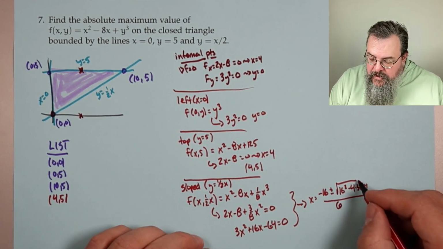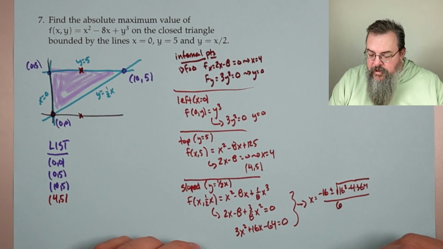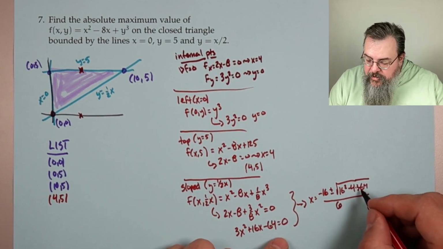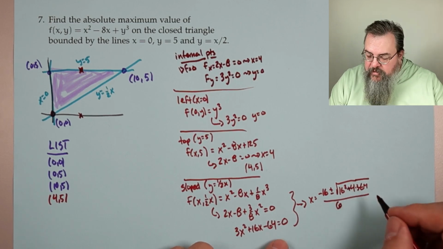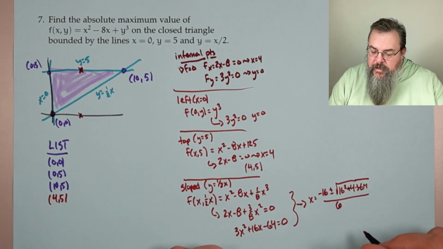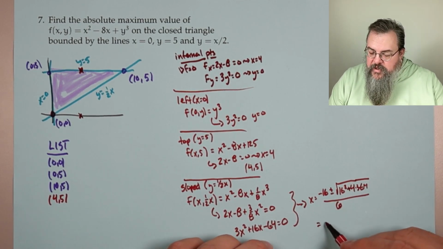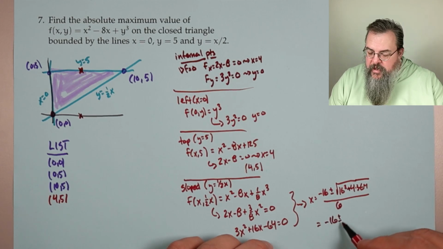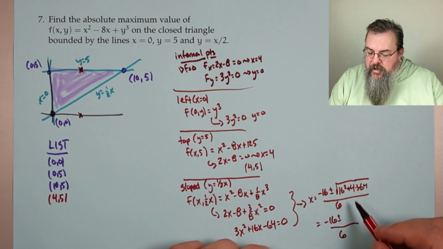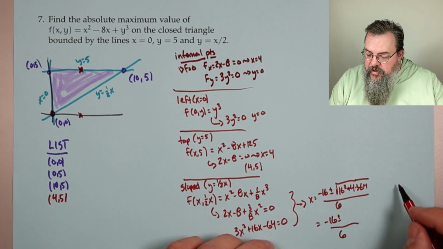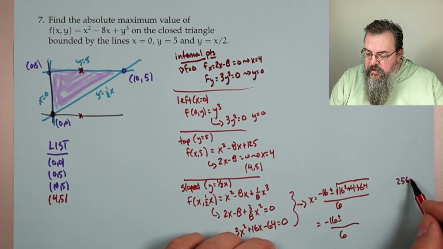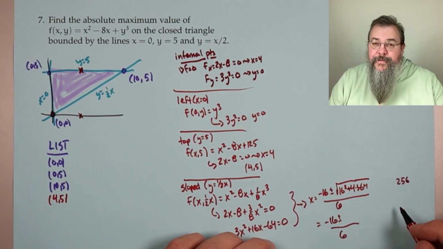Well, this is looking not very good. So there's a negative 64, so that makes this a plus. And okay, so we end up with some big numbers here. So negative 16 plus or minus. And here we have 256 and 12 times 64.